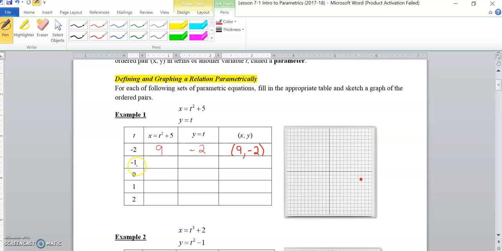We plug in -1: -1 squared plus 5 is 6, and the same thing over here, that's just -1. In fact, you can see that y is just equal to t. And if we plug into the x equation and solve for t, we get 5, and 6, and then 9 again. So we get all these coordinates.